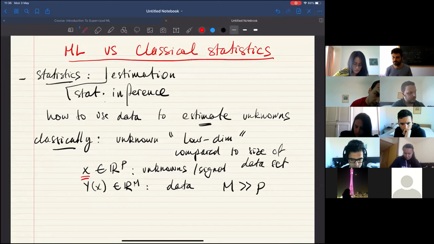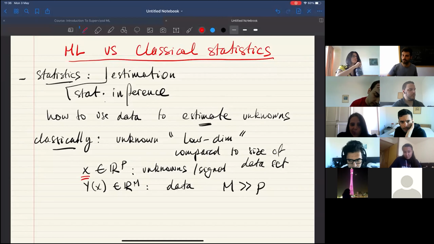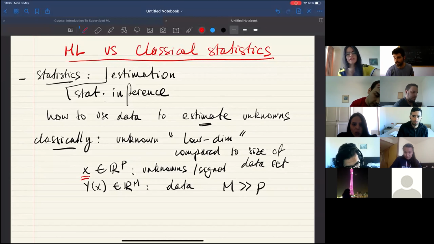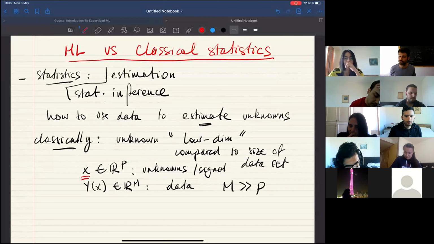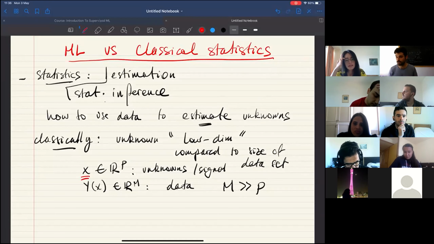So examples could be, let's say you record many trajectories of falling objects in different setups, from different initial conditions, and you know the laws of motion, you know Newton's laws, but you don't know the gravitational constant.